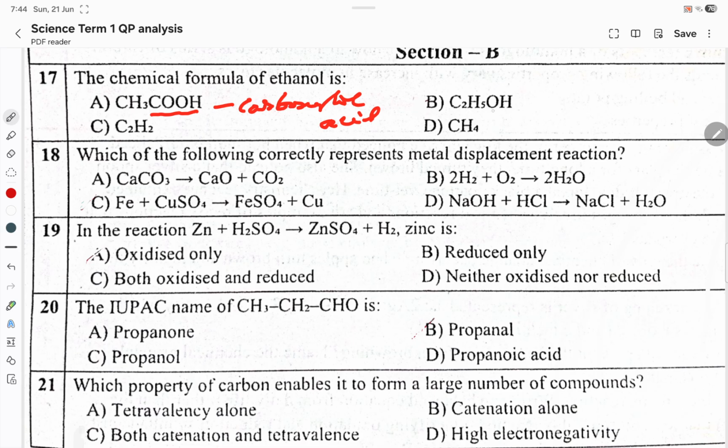The second one is the alcohol group. The third one is the ethyne or alkyne group. And the fourth one is an alkane, like methane. It belongs to methane, right? CH3COH is ethanoic acid, and here we have C2H5OH.